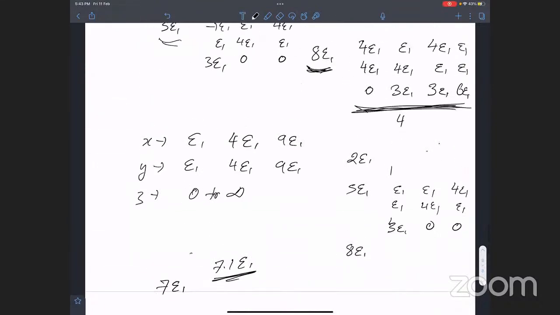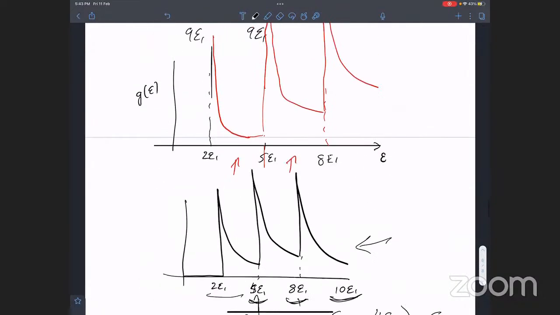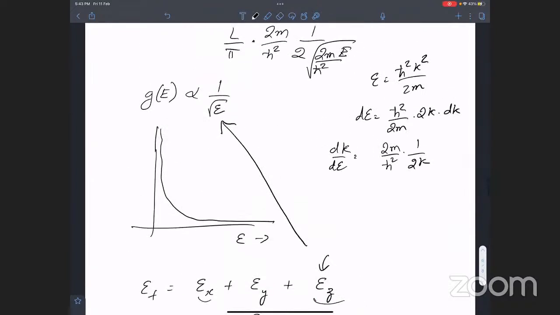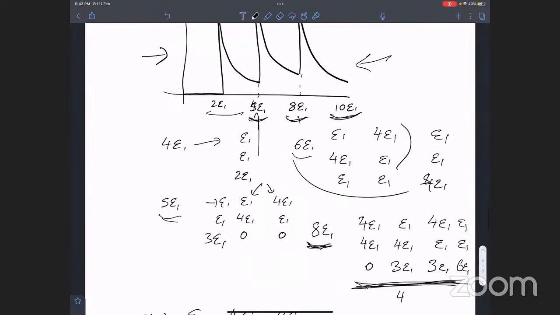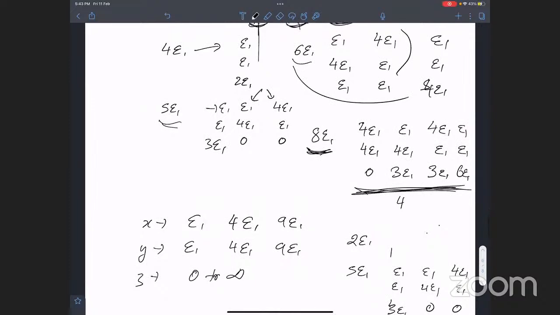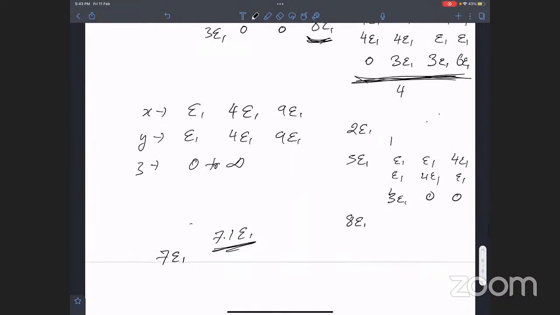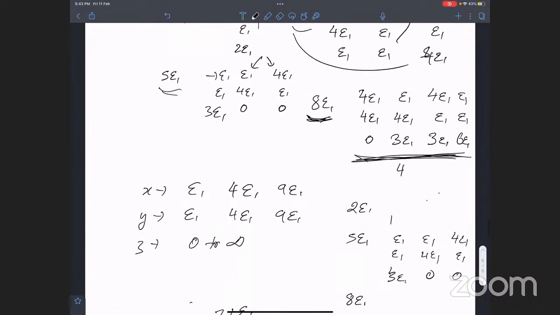Is that clear to you? Yes, sir. So I'm plotting here the number of available states. I've calculated the number of available states in one dimension, the Z dimension, the continuous dimension. Then I know that, for example, here these are the 4 possible ways, right?